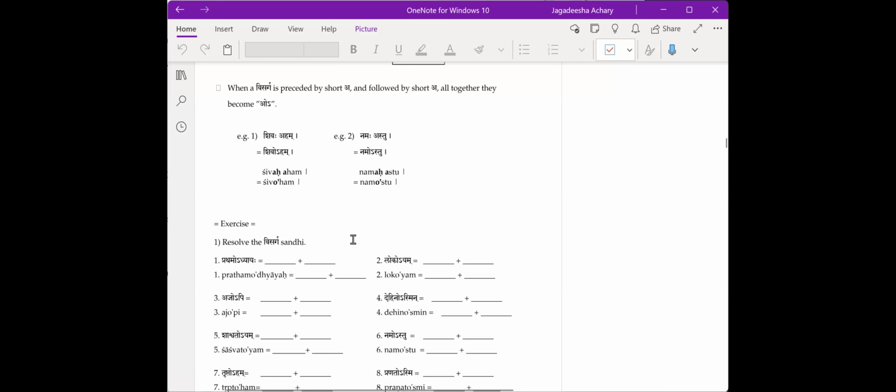Okay, so let's do one. This is resolving the sandhi. A lot of times a good exercise is how to resolve. Making the sandhi is generally easy because we are used to making the sandhi while pronouncing. Resolving the sandhi is necessary for understanding.